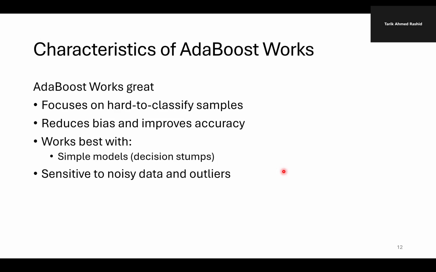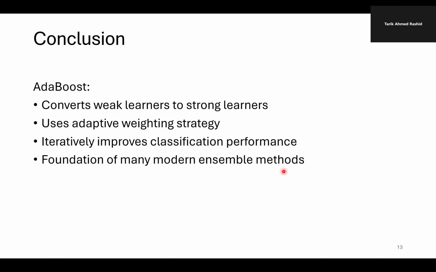Some of the advantages of AdaBoost are that it focuses on hard-to-classify samples, reduces bias and improves accuracy, and works best with simple models like decision stumps. It is sensitive to noisy data and outliers.